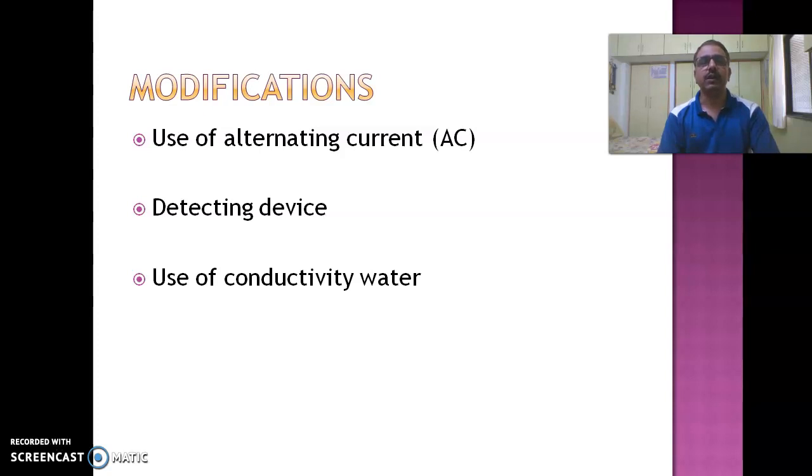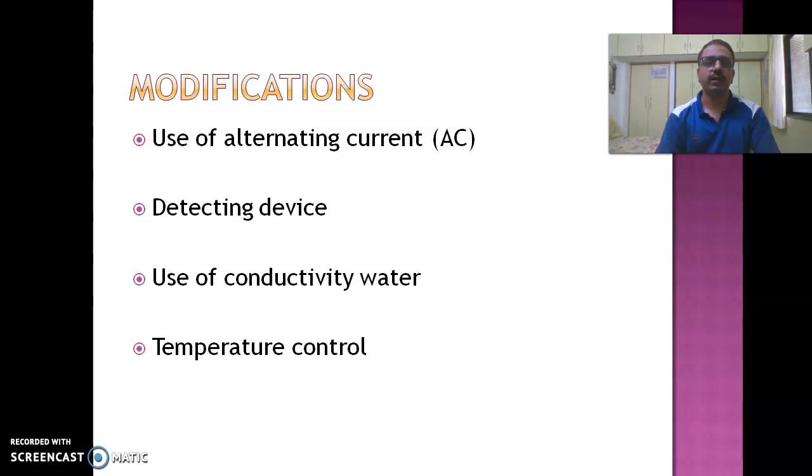Whatever electrolyte we are taking is in water, but you cannot use ordinary or simple distilled water for this purpose. We need a special kind of water that is called conductivity water. Next one is temperature control. The conductivity value or resistance of any ion depends upon temperature.